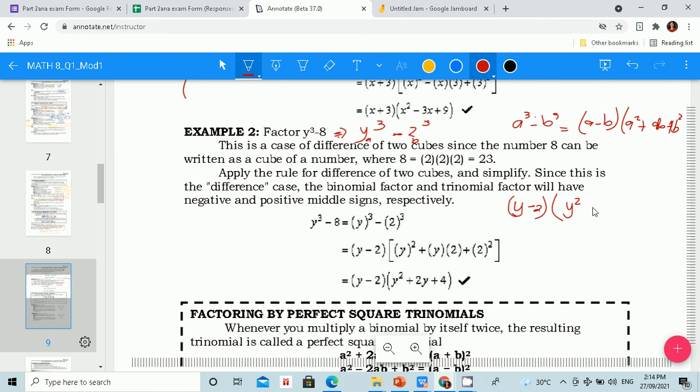If that's the case, then we have plus y times 2, that is 2y, then plus 2 square, we have 4. Okay, so this is our answer.